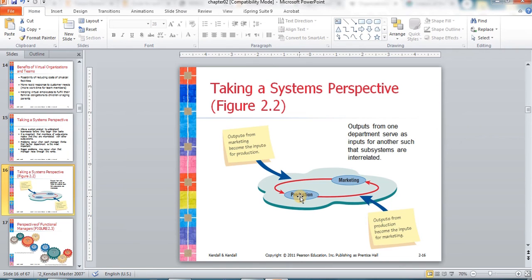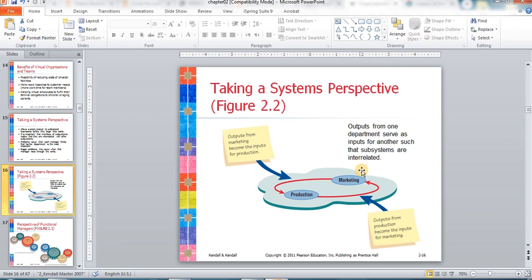So the production will depend on the marketing, and the marketing will depend on the production. First, the production is the department that produces the goods or the tools that the company or organization will sell. Now these goods are taken by the marketing department and they are advertised in a proper way, and then they are distributed and sold.